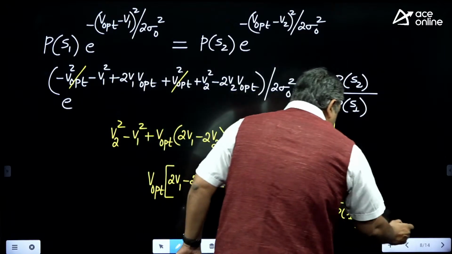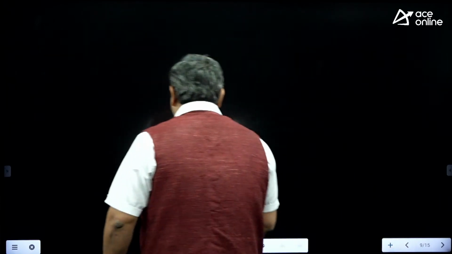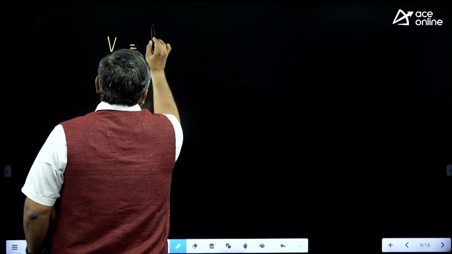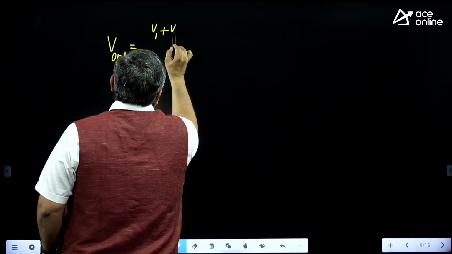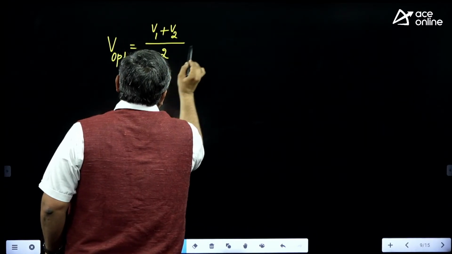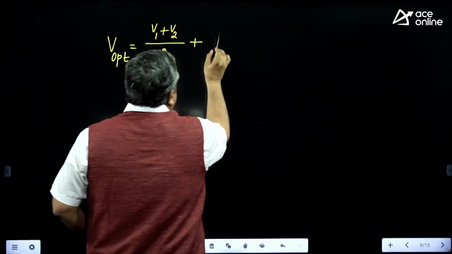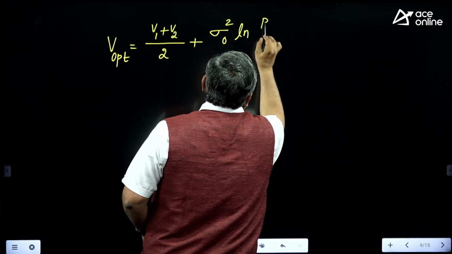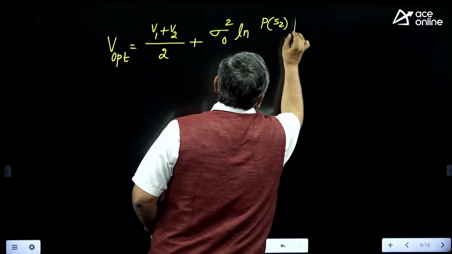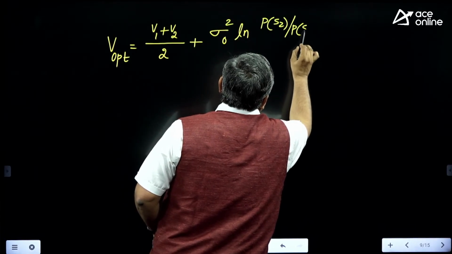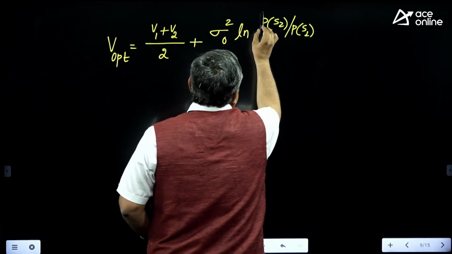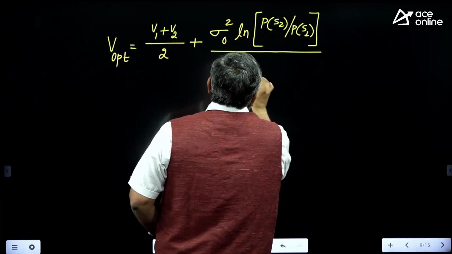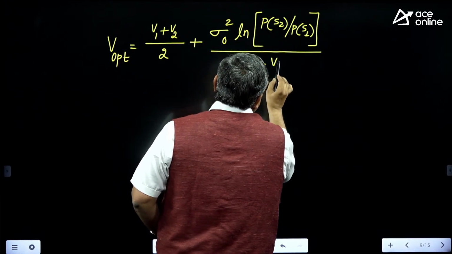So what will happen here? The value of VOPT, optimized value of threshold voltage, will be V1 plus V2, V1 minus V2 will get cancelled, divided by 2, plus 1, 2 and numerator 2 will get cancelled, sigma naught square natural logarithm of P of S2 by P of S1, whole divided by V1 minus V2.